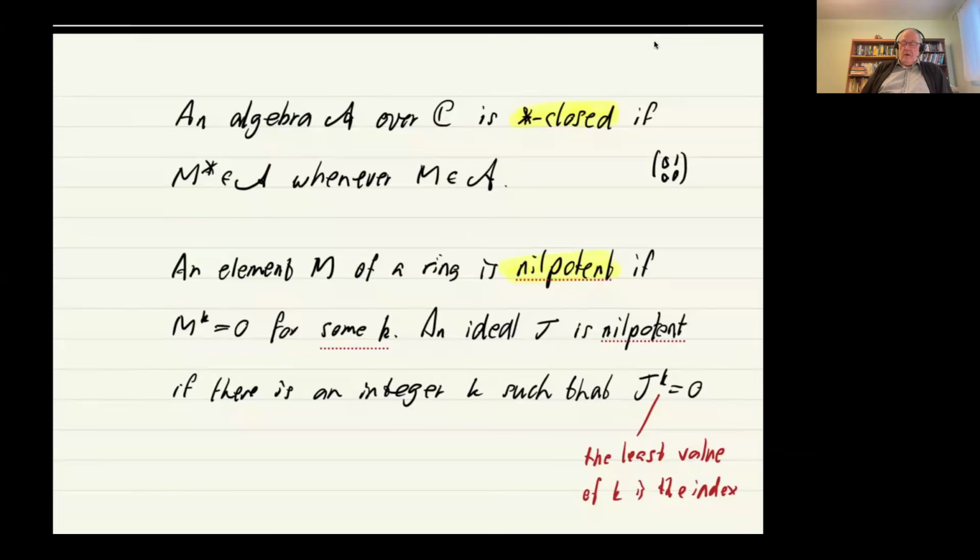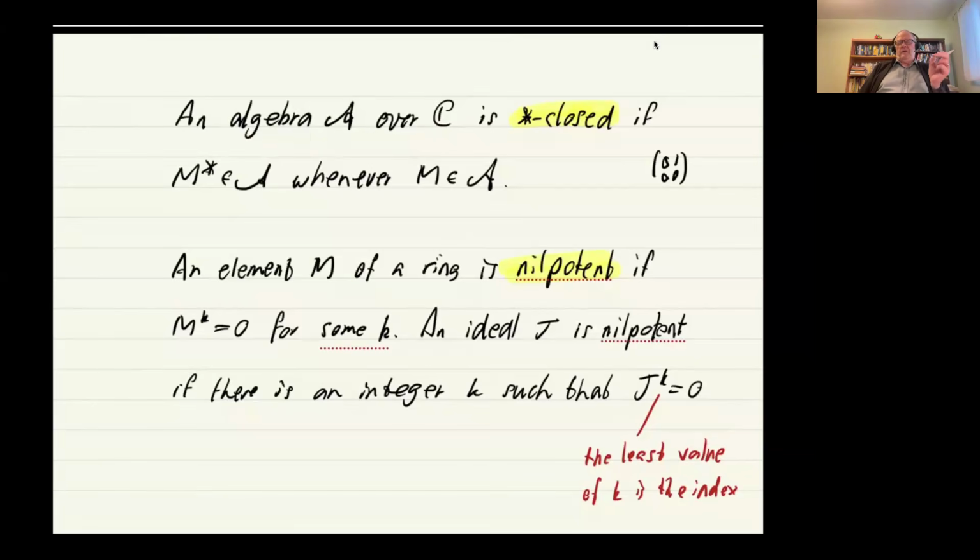I'm not going to come up with the weakest possible condition, but the condition I'm going to use is that an algebra of matrices is star closed if it contains the conjugate transpose of each of its elements. So the algebra of invertible complex matrices is star closed. The algebra of real matrices will be star closed if and only if it's closed and contains the transpose of each element.